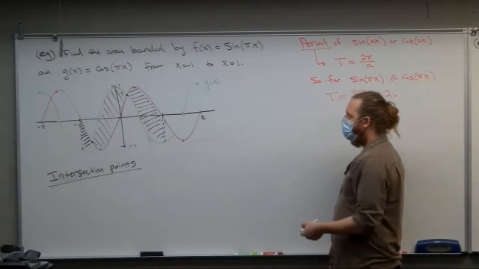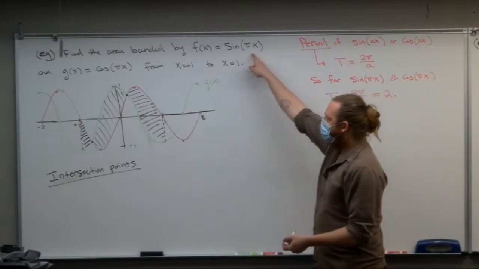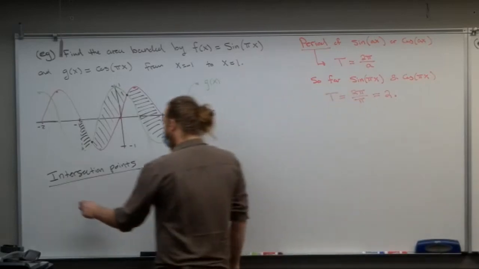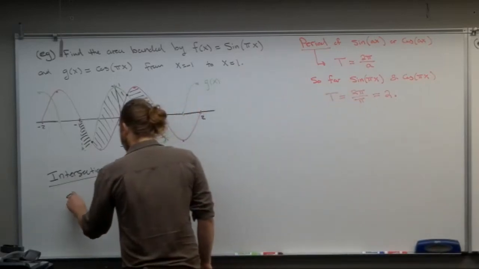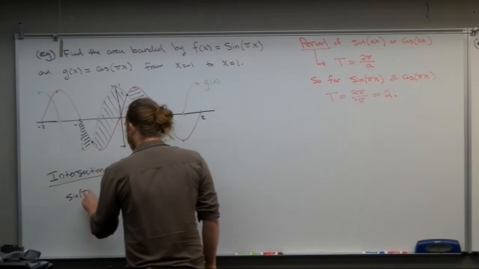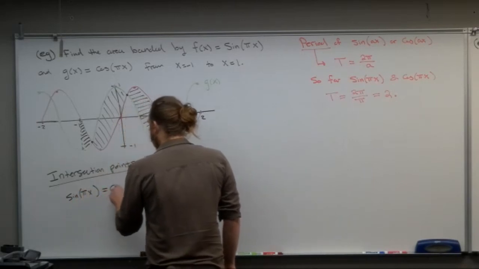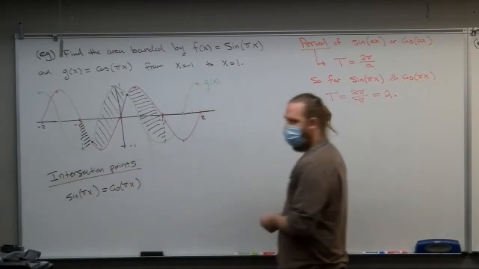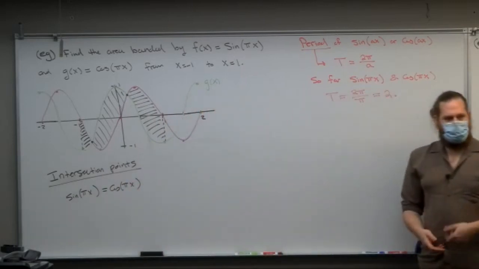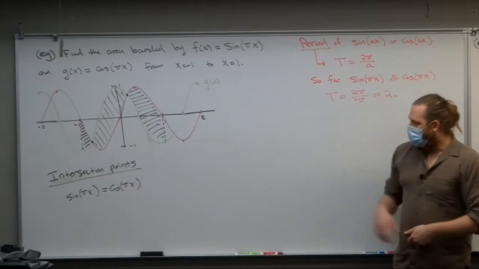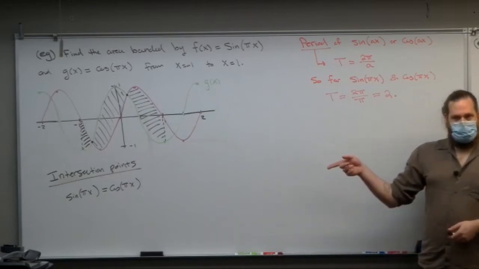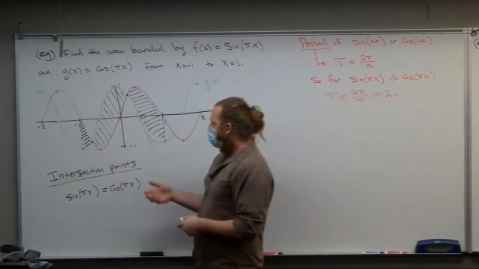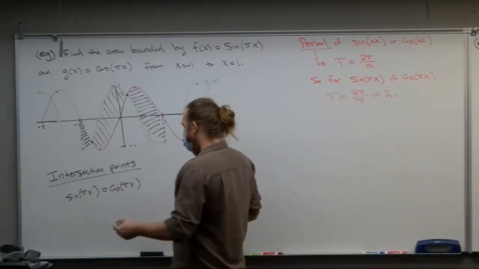If I want to find where these curves are equal, I just need to set sine pi x equal to cos pi x. I need to set the two functions equal to one another. And there's several ways to solve this. You could divide both sides by cos pi x and solve tangent pi x is equal to 1. Or you could try to think about your unit circle.